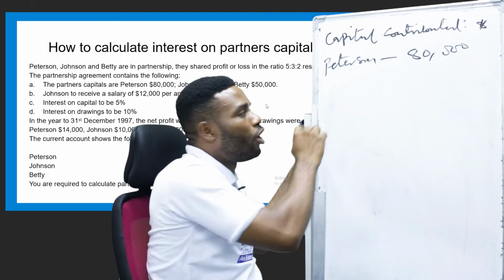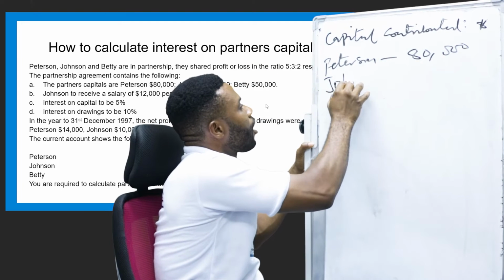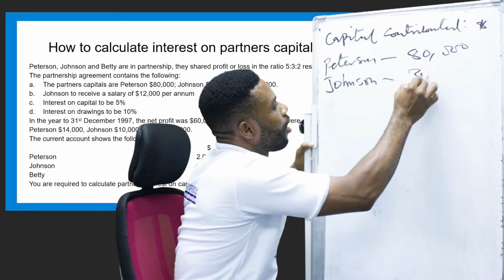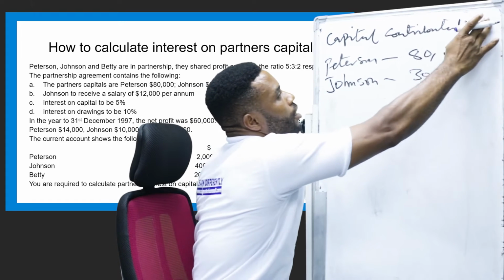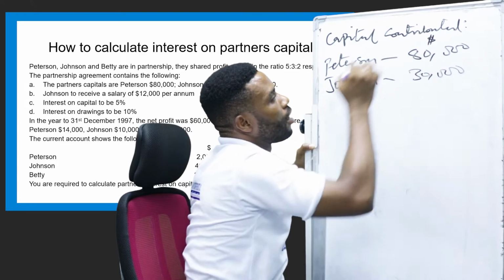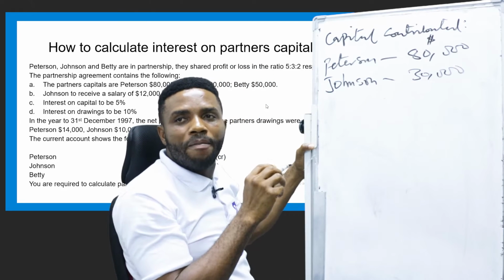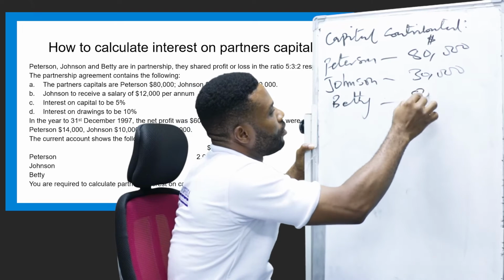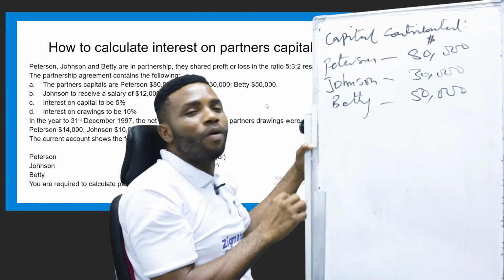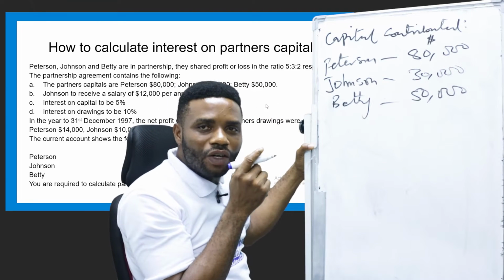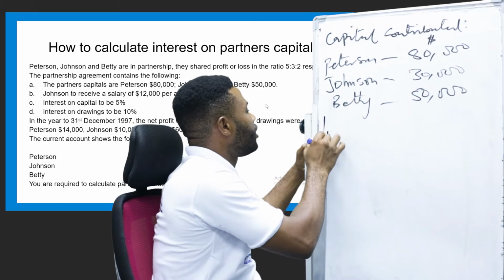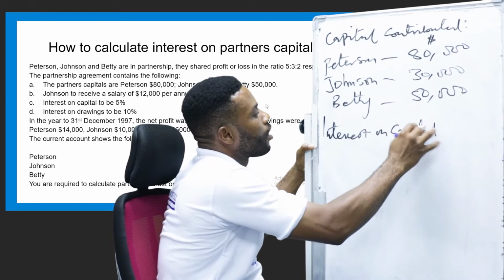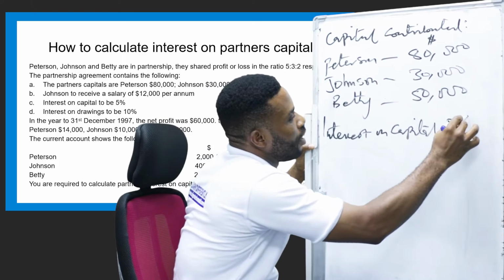And then Johnson contributed 30,000. And then Betty is 50,000. All right. So the interest on capital is 5%.